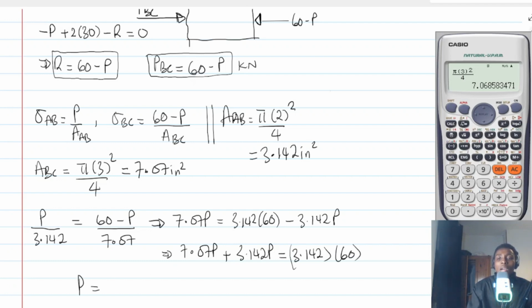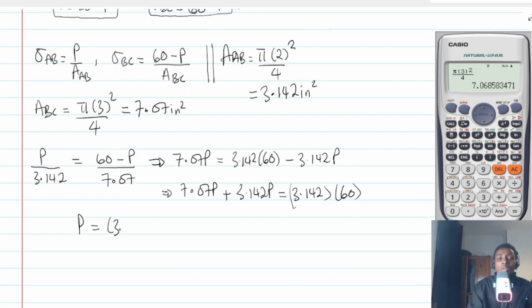So in effect, p is 3.142 multiplied by 60, then you divide it by 7.07 plus 3.142. So P is 3.142 multiplied by 60 divided by 7.07 plus 3.142. What is that? So P is 18.46.